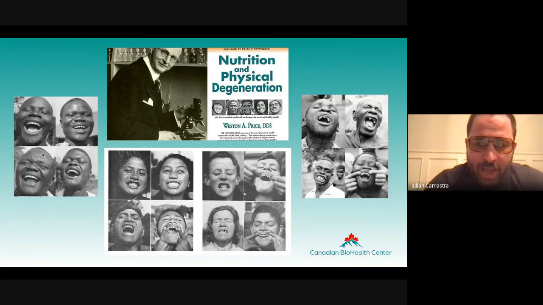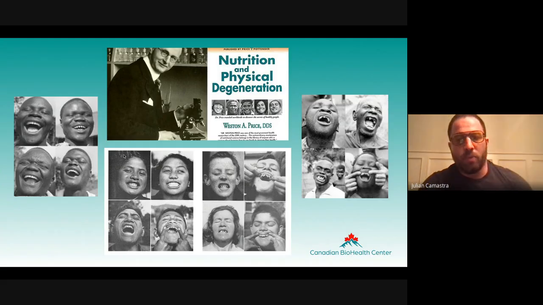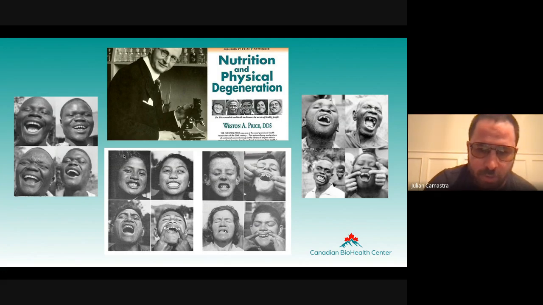Then as the generations went on and some of these people transitioned to a Western lifestyle, Western diet with white flour, white sugar, and other processed foods, their jaws didn't develop as much and they had crooked teeth, dental decay, and all the problems we typically see in the modern world.